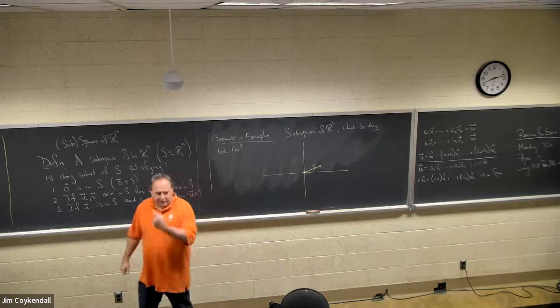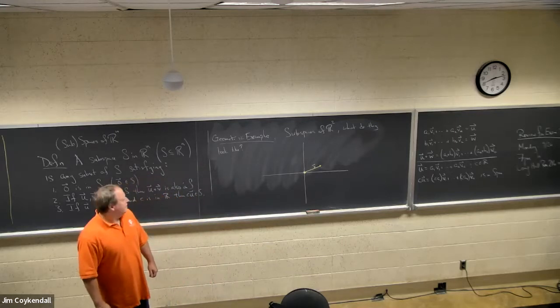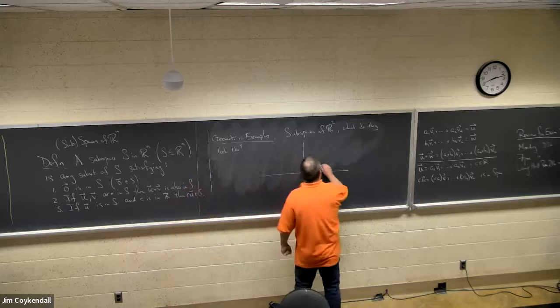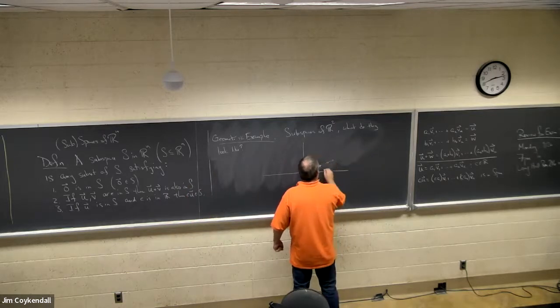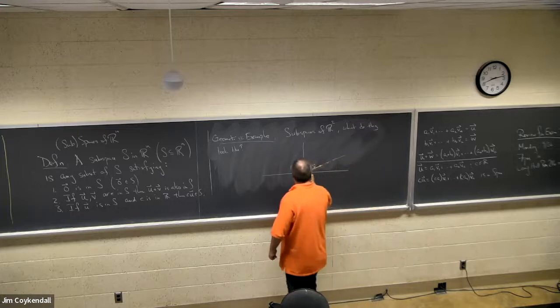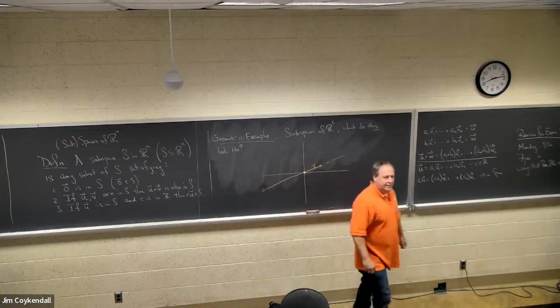What else has to be in the subspace? Any scalar multiple of that, right? Everybody agree? So I can multiply this by 2 and it's going to be in there, or by 1.5, or by 1.111 or bigger. So if you have the vector v, you have this entire line.